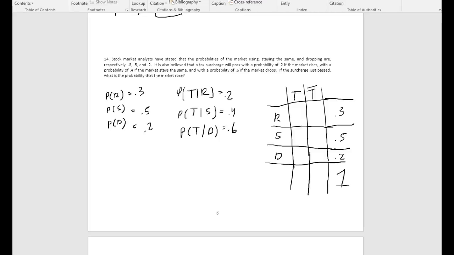And now that's all that we can put in the table because we know that conditionals don't go in the table. But we can use the conditionals to come up with intersection points. So we use our conditional probability formula.